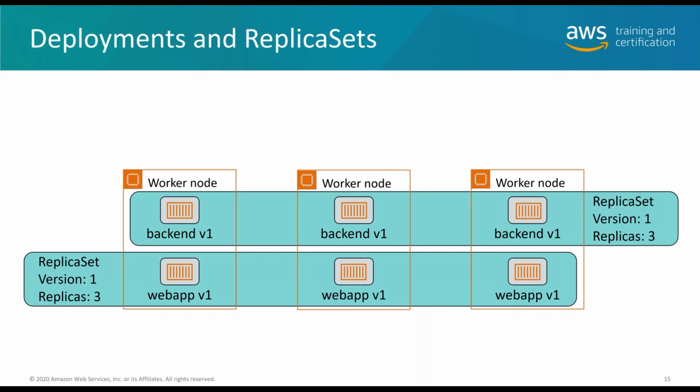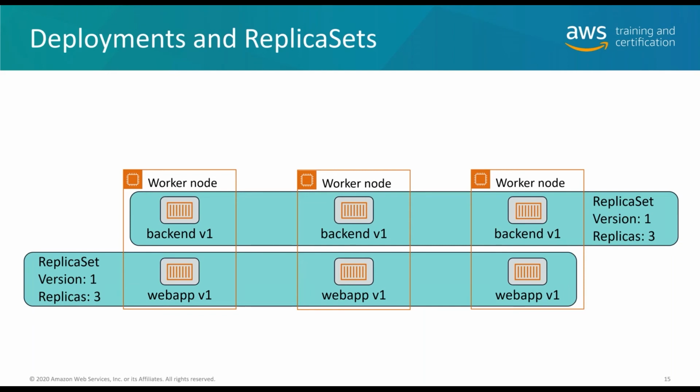Now, when you make a deployment and you say, look, I want 3 copies of my app, the deployment object actually creates a replica set object. And that replica set object's job is to make sure that it keeps running the number of replicas you told it to. So like in this case, there's 3 backend replicas and there's 3 web app replicas.